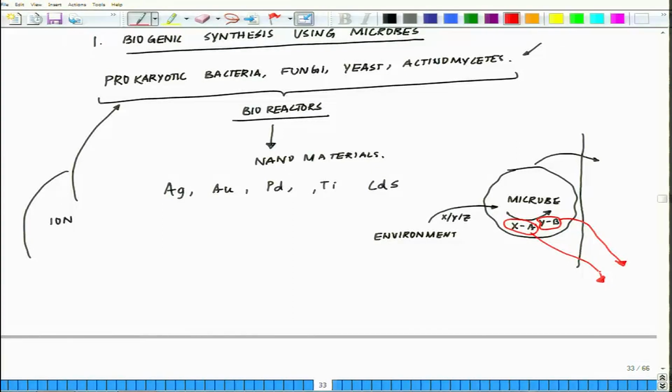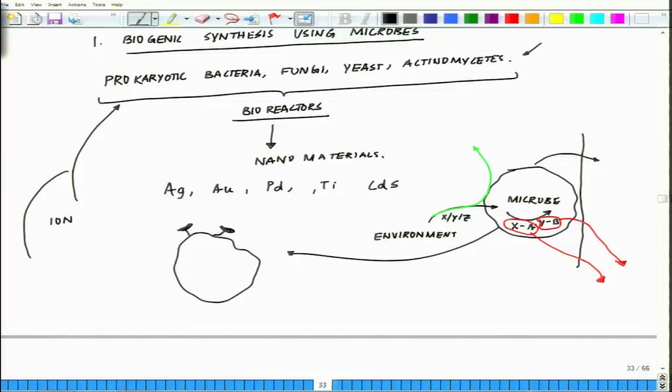But the synthesis could be classified into two levels. I'll follow a different route strategy. It can happen at this level also, at the surface. In that situation, the microbe is decorated with a series of enzymes on top.